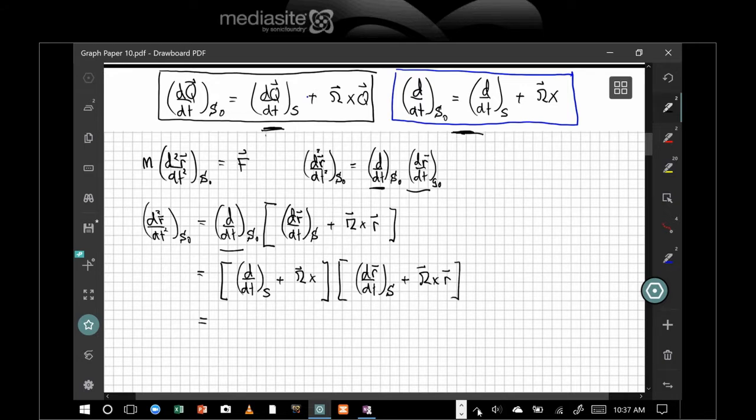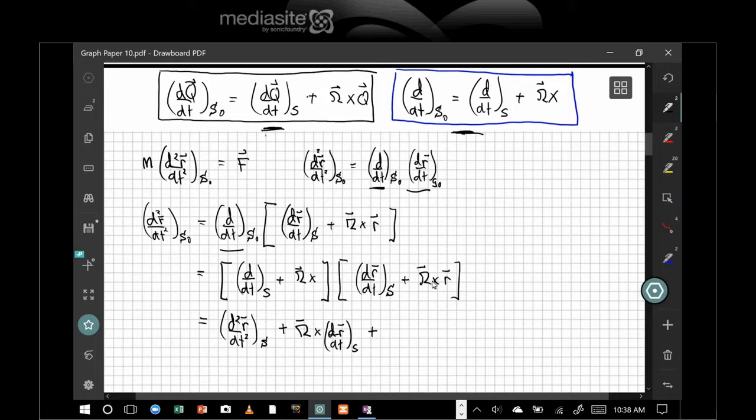Again, what I'm writing is the acceleration in the rotating frame is going to be equal to, let's just keep the first term the same. Let me just check something here. Okay, we're good. And then let me write out big parentheses: this is the rate of change of r in the rotating frame plus omega cross r.